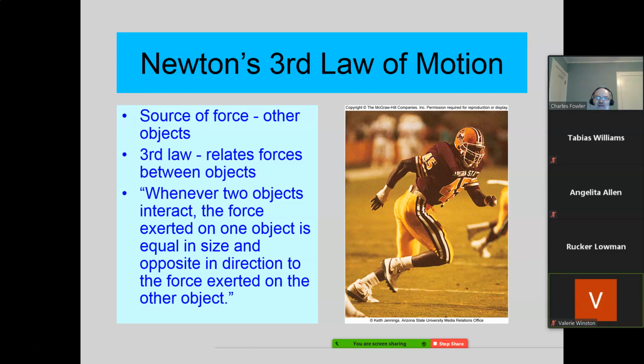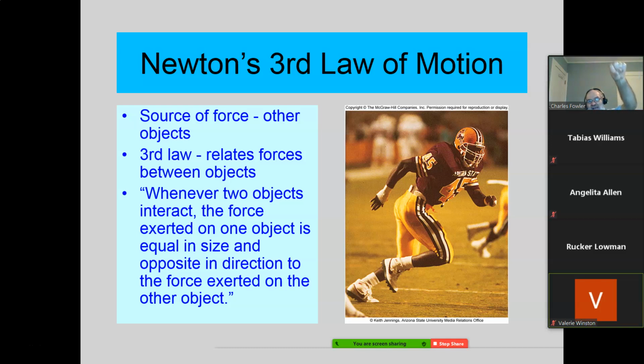Then Newton took it a step further and said, but if there is a net force acting on it, then there's an acceleration. What is acceleration? Change of velocity. It could be speeding up, slowing down, changing direction, or anywhere in between. Both of those laws dealt with an object, and you're exerting a net force on it, giving it velocity, giving it acceleration, whatever.